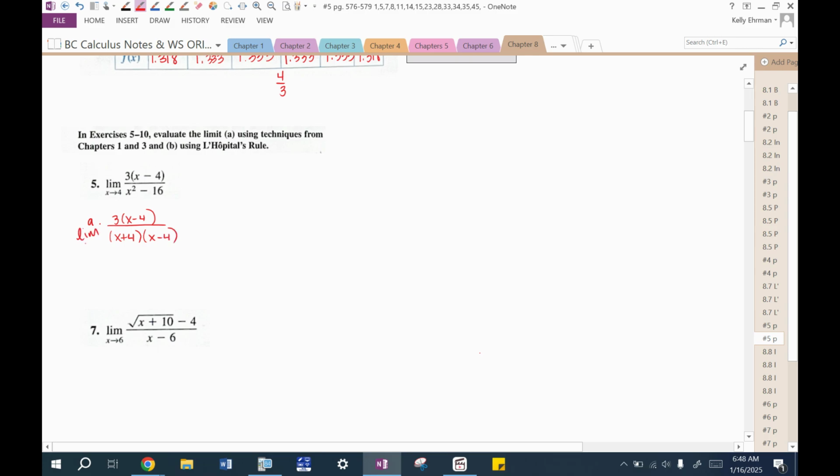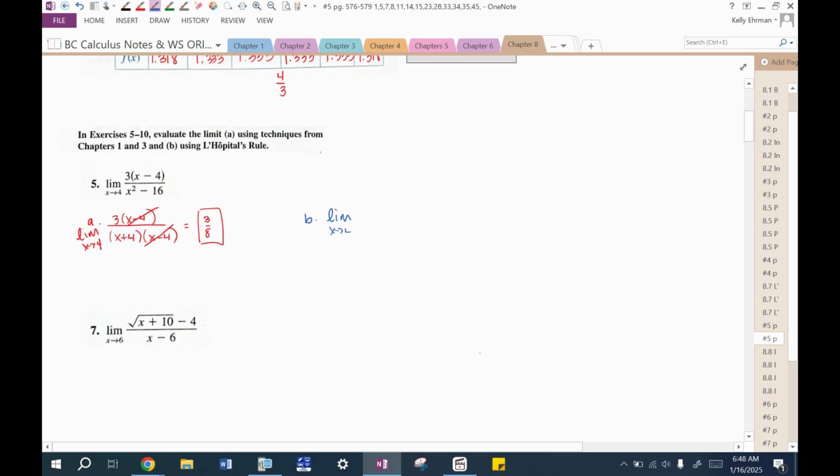Oops, don't forget about your limit notation. So I can cancel out the x minus 4s, and then when I try direct substitution, I get 3 over 8.